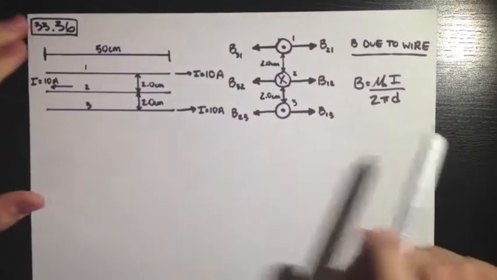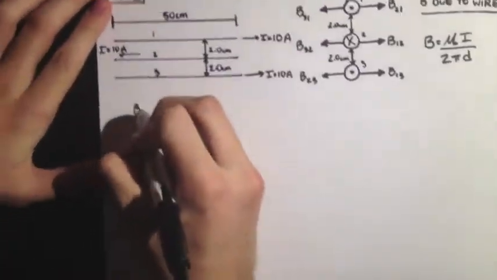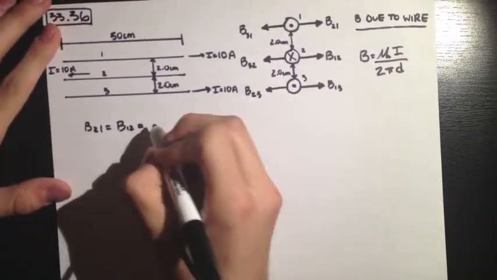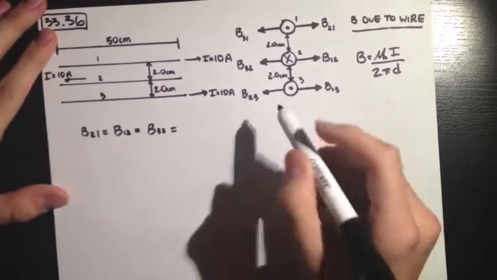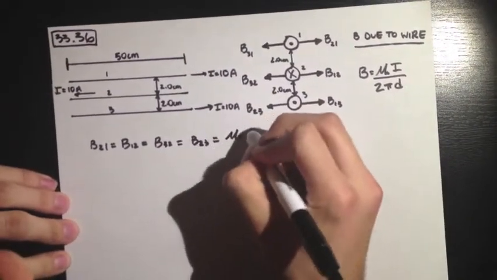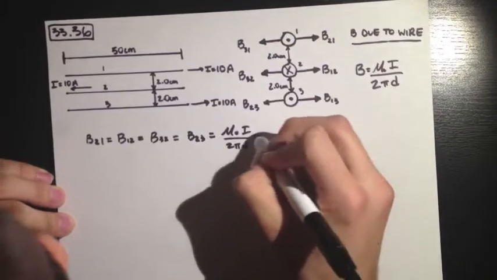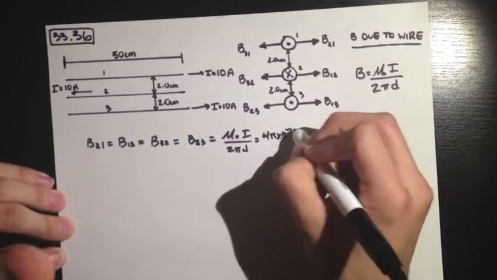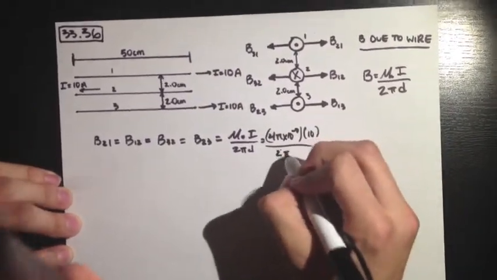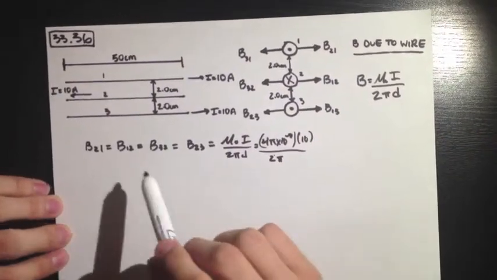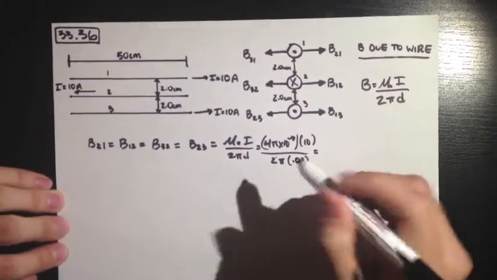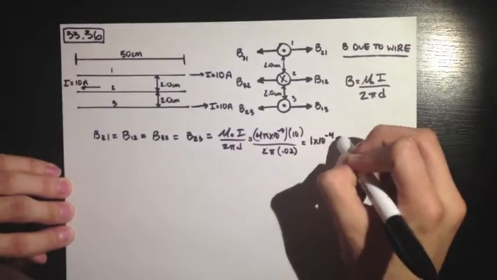They're not the same direction, but B2 on 1, B1 on 2, B3 on 2, and B2 on 3 are all equal to mu naught I over 2 pi d, so 4 pi times 10 to the negative 7th times the 10 amps divided by 2 pi times 0.02, and that comes out to 1 times 10 to the negative 4th Teslas.